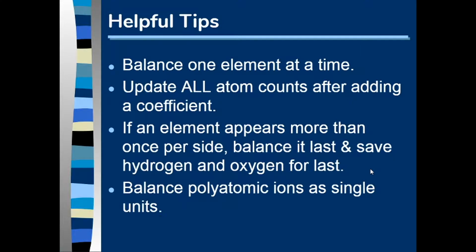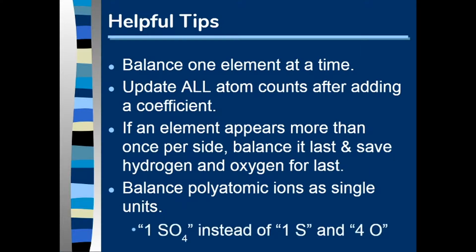Balance polyatomic ions as units. In other words, if you're looking at a substance that has sulfate in it, instead of balancing sulfurs and oxygens, just put some parentheses around that sulfate if they're not already there, and think of it as a unit. So if you have 2 sulfates on the left, you're going to need 2 sulfates on the right.